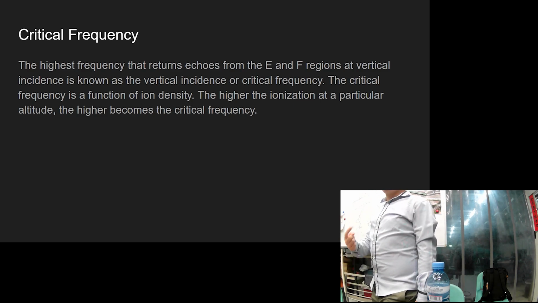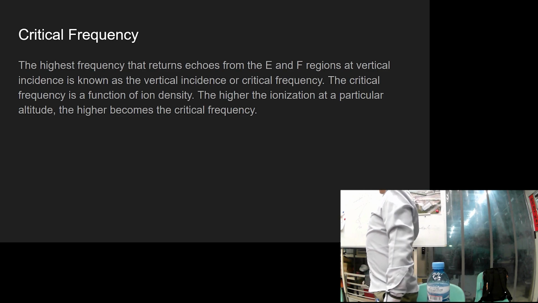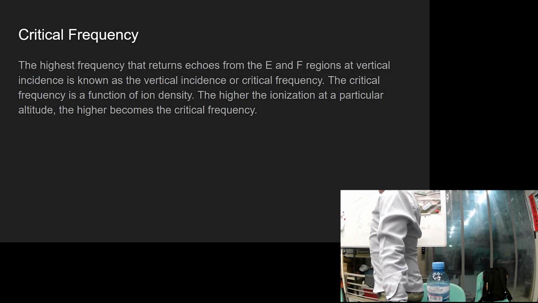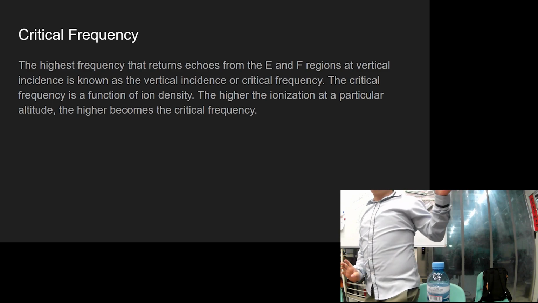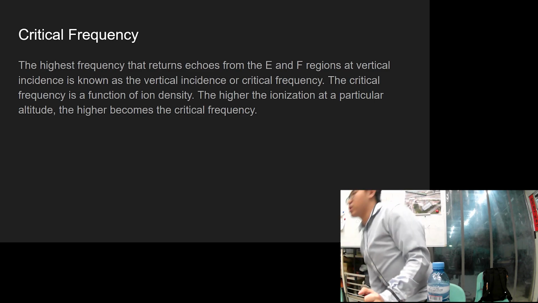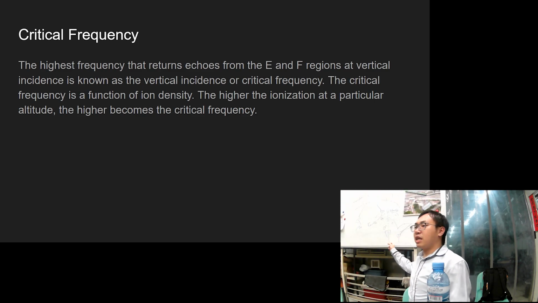Every frequency below the critical frequency can be used safely, and you can guarantee a refraction from the ionosphere. This is the definition of critical frequency. Because the ionosphere is changing at any time, the critical frequency is not a fixed value.